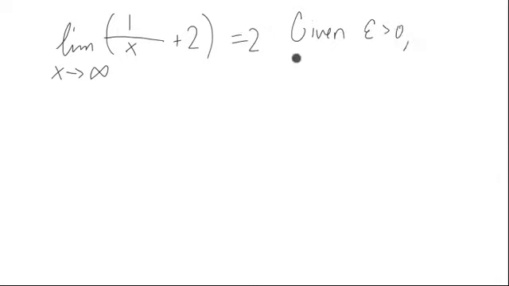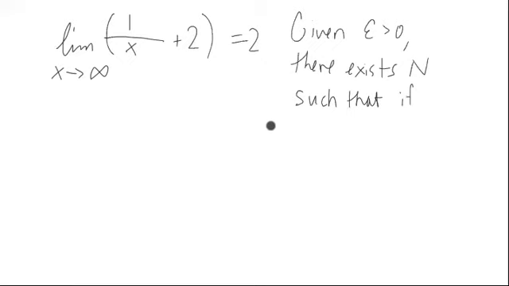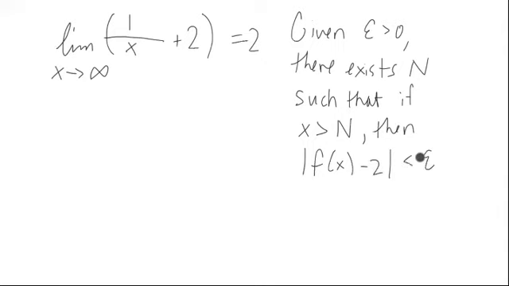Epsilon greater than 0, there exists, this time we just say n, such that if x is going to infinity, so x is being pushed past that position, x is greater than n, then we want the distance f of x is from 2 to be less than epsilon, within the y closeness. All right, so let's take a look at this.